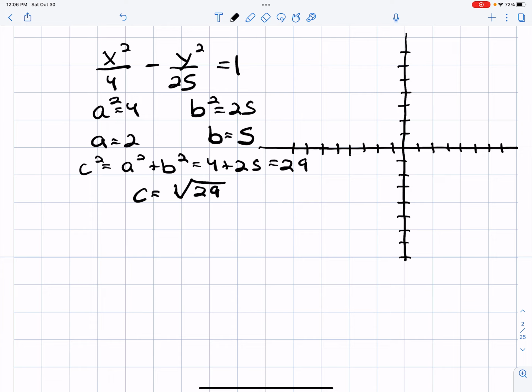Okay, so what we do is we can draw ourselves like this invisible rectangle. 0, 0 is the center. We go 2 to the right, 2 to the left, because of the a. We go 5 up and 5 down, because of the b. And we can draw a little rectangle, like a dashed rectangle, just as a guide. It helps.